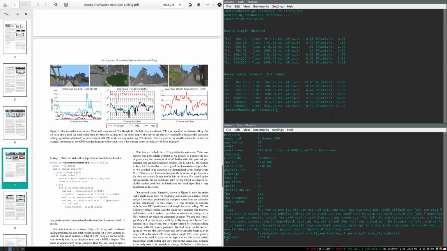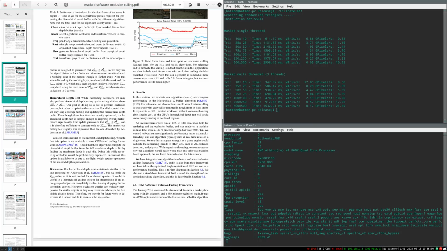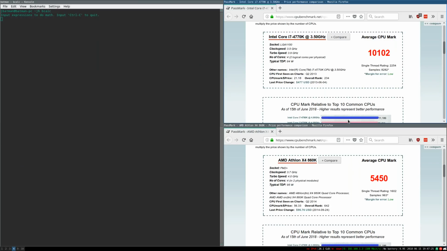And to be clear, I believe they state their hardware somewhere. Yes, they claim to be running this test on an i7-4770 and a GeForce GTX 760. So that begs the question, how does this run on anything that isn't that hardware? Especially an AMD processor. Well, that's what we're going to put to the test.